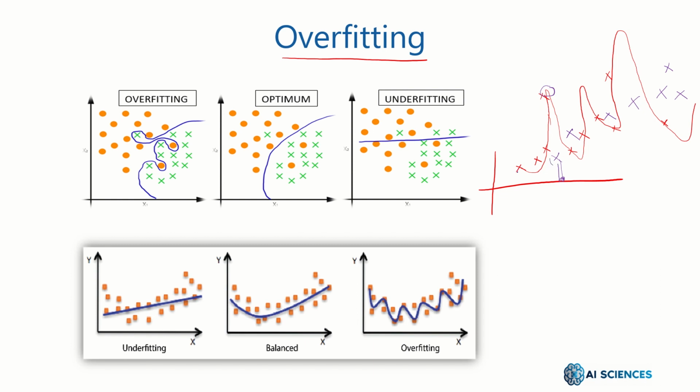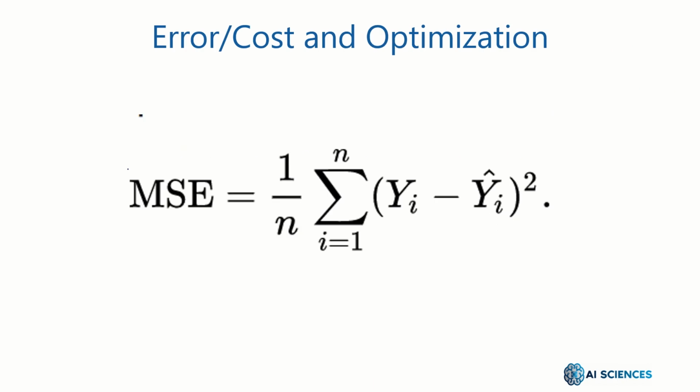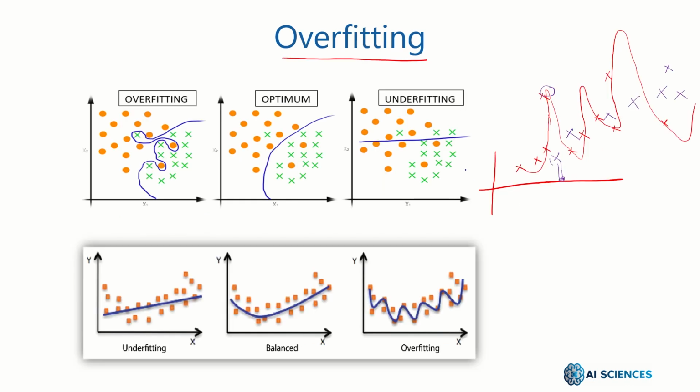So as you make your model more flexible, it tries to fit each and every training data point very well, thereby decreasing the error cost on the training data, and that brings a problem: it may not perform very well on data that is unseen to it, because it does not get the pattern, it actually memorizes the training data, which is a bad thing for generalization, which is not desirable.